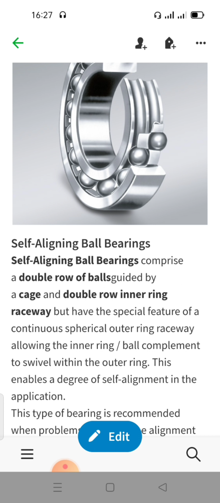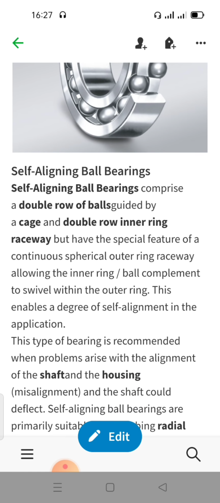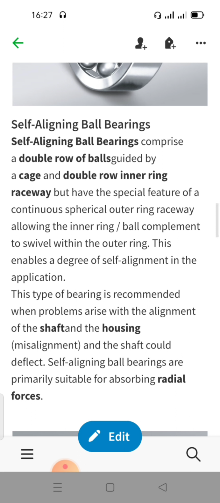This enables a degree of self-aligning in the application. This type of bearing is recommended when problems arise with the alignment of the shaft and the housing, misalignment, and the shaft could deflect. Self-aligning ball bearings are primarily suitable for absorbing radial forces.